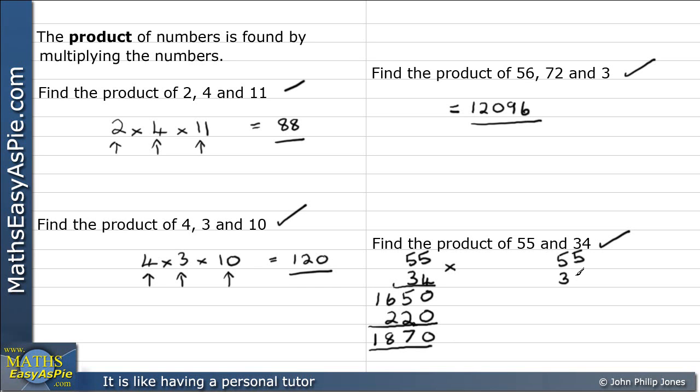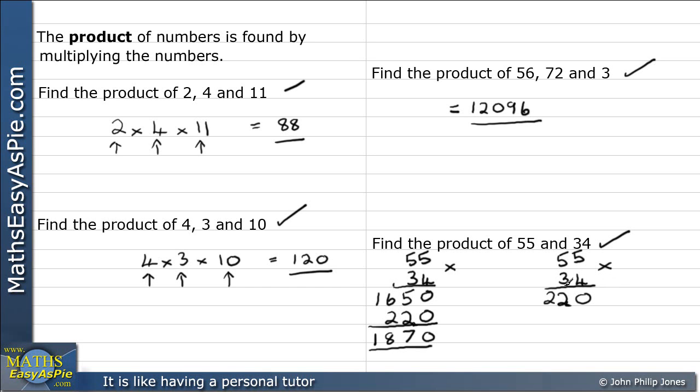Now I'm going to write this one down again, and I'm going to put 55 here, and underneath I'm going to put 34, because you may be used to doing this kind of multiplication slightly differently. In other words, you may be used to multiplying by the 4 first, the one that's actually worth less than the 3, because this is in the units column. Well, on this occasion you simply say 4 times 5 is 20, which is 0 down, carry 2. 4 times this 5 is 20, plus this 2 is 22.